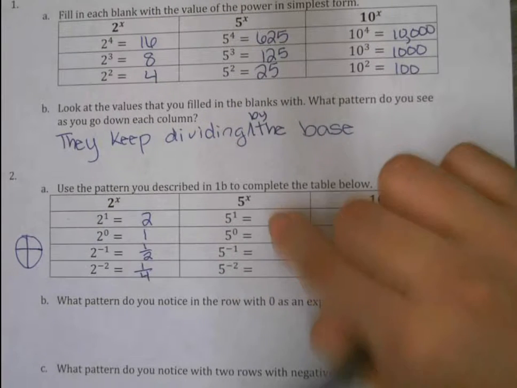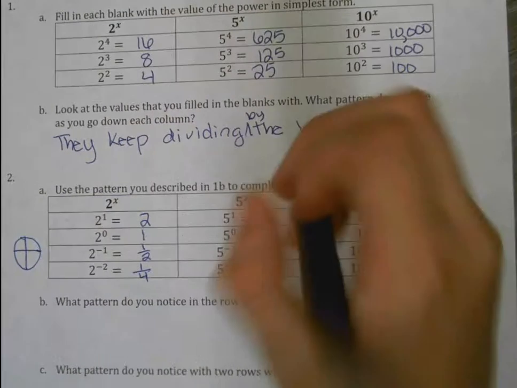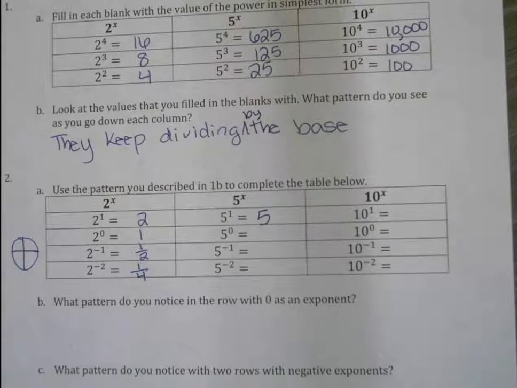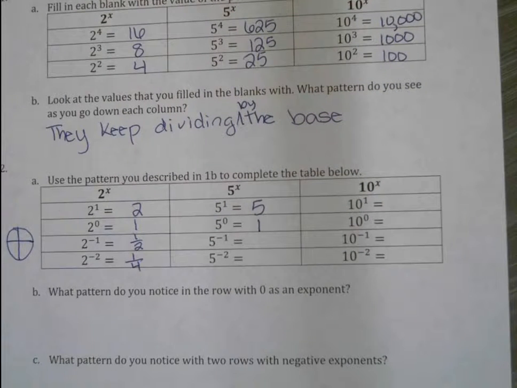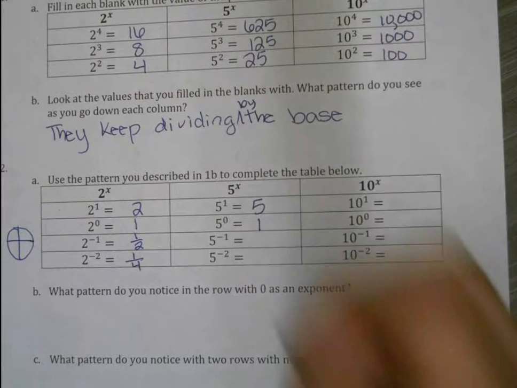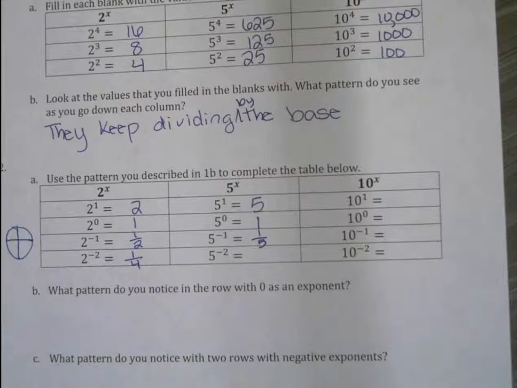So to go over here, what's 25 divided by 5? 5. 5 divided by 5? 1. 1 divided by 5? 1/5. And then 1/5 divided by 5?